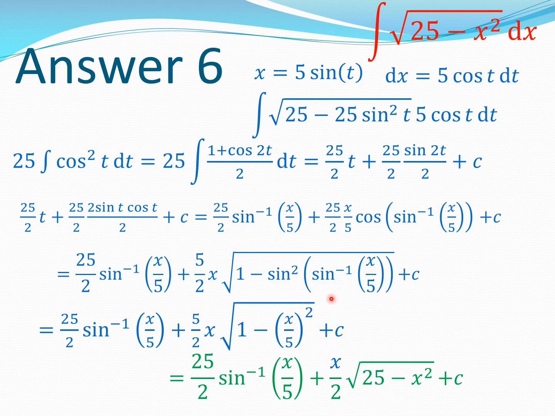So two such terms are there. So this expression simply becomes x by 5 square. And then after doing some more simplifications, we get this equation in green here. So there is one term here, 25 by 2 sine inverse x by 5, and the other term is x by 2 into this equation here.